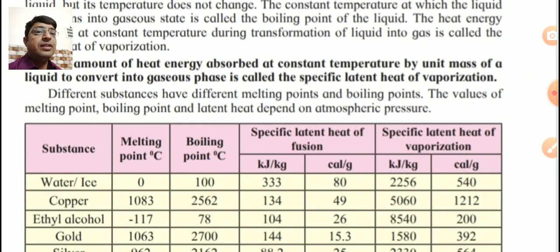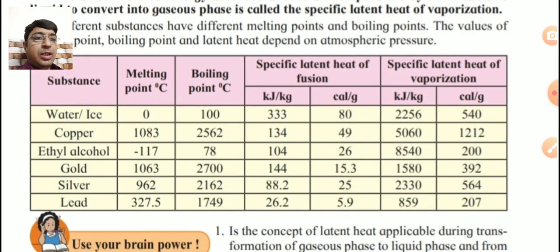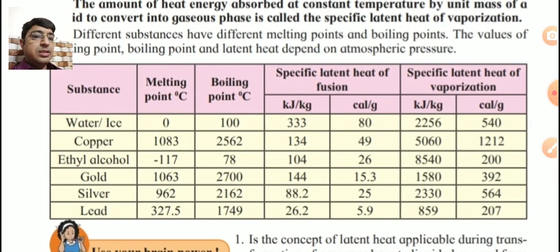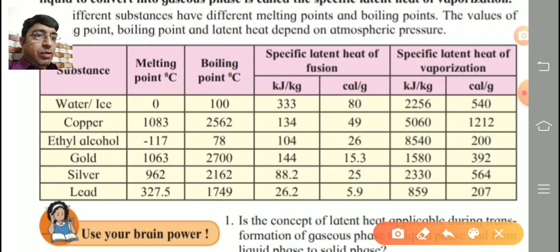Next, different substances have different melting points and boiling points. The values of melting point, boiling point and latent heat depend on atmospheric pressure. In this table, some substances and their melting point, boiling point, and specific latent heat of fusion or vaporization are all given. So you remember these. Here remember, what is the SI unit of specific latent heat?